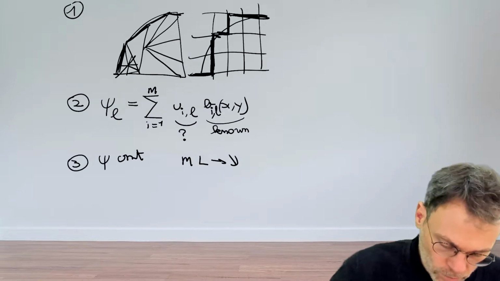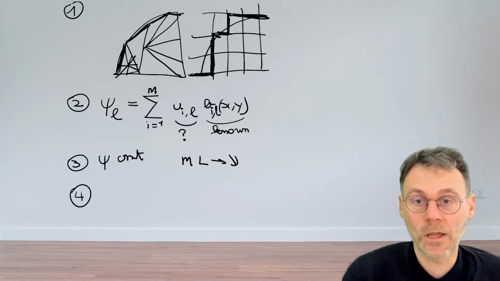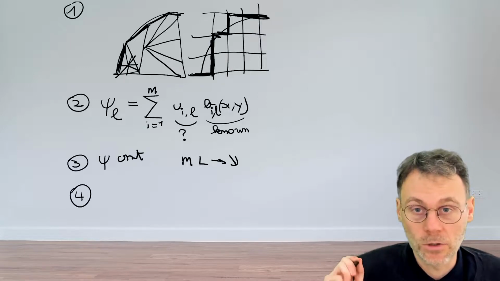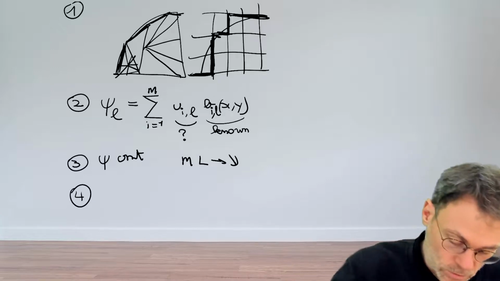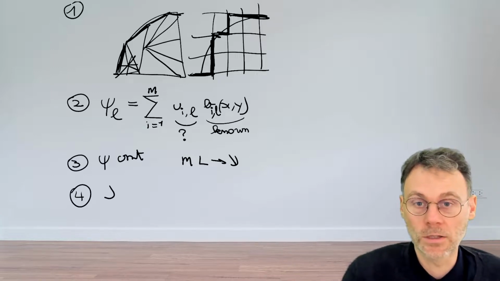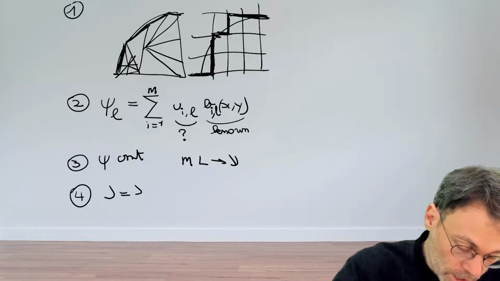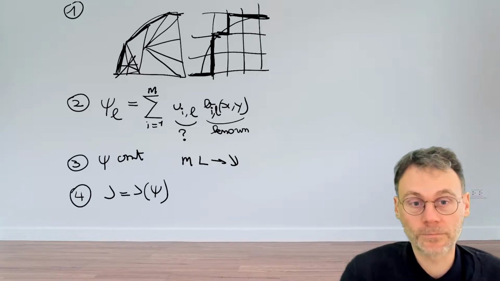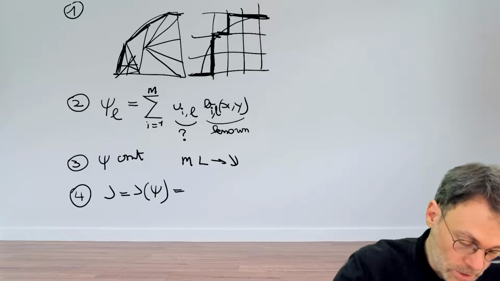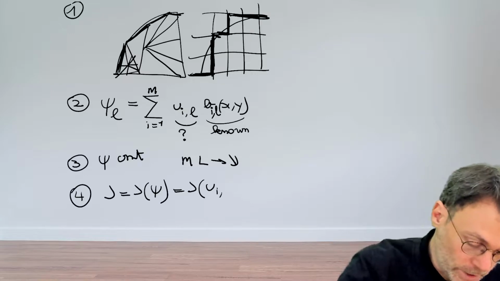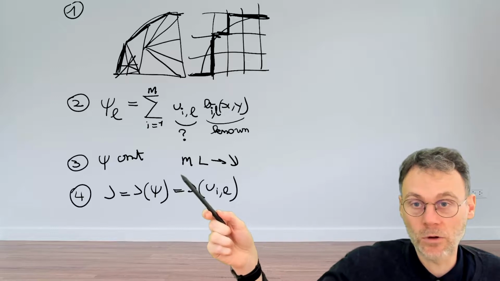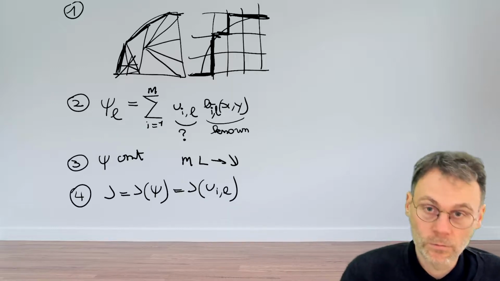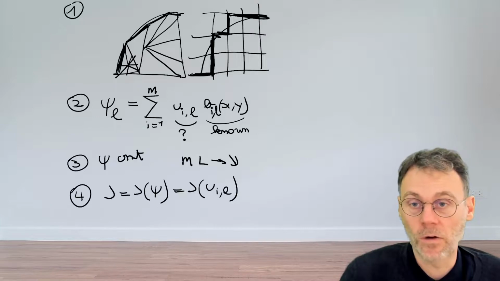And now in step 4, we're going to start seeing the magic of the finite element methods, because what we're doing there is not tackling the differential equation directly. Rather, we do something mysterious. We're going to define a certain quantity J, which is calculated based on the field. And the only thing that matters for our purposes is that this is then a function of our unknown expansion coefficients. So we're going to write down a mysterious quantity like this, calculated from the field, which often, but not always, is the total energy of the system.